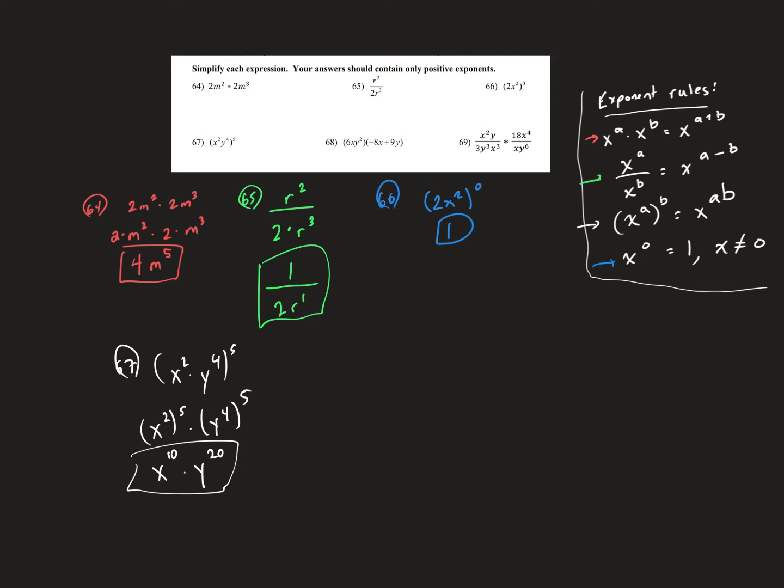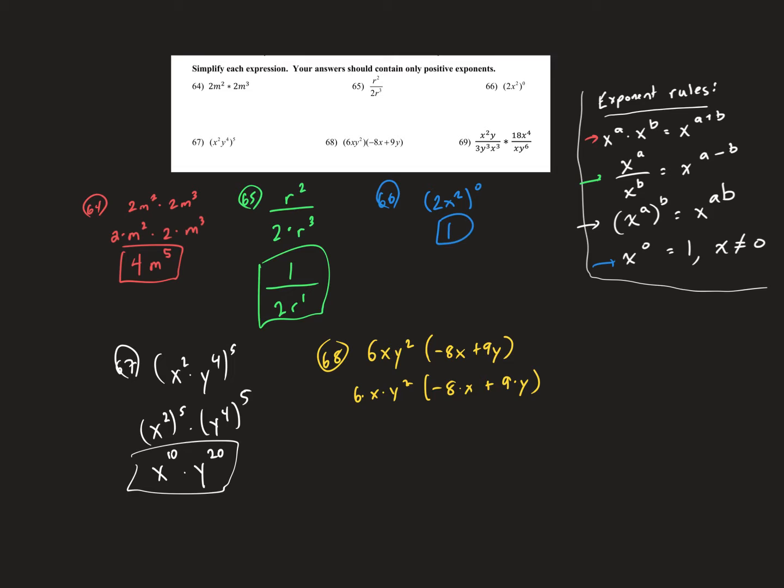And now number 68. We got 6xy squared times negative 8x plus 9y. Again, the numbers separate from the variables because there's no parentheses grouping the numbers and the variables.